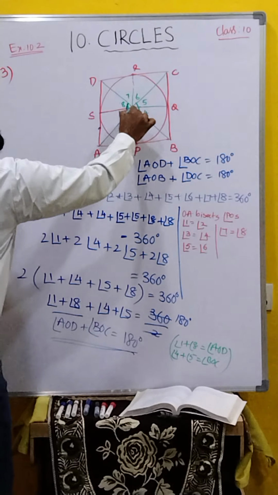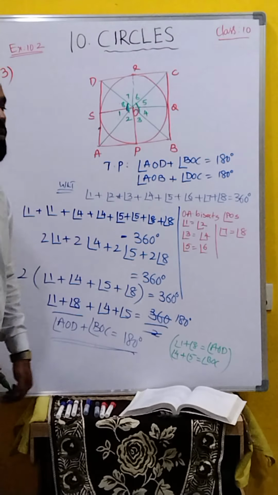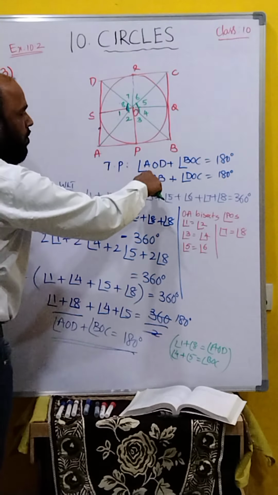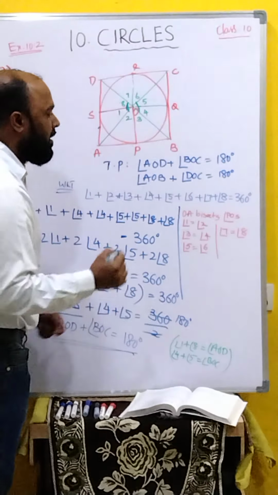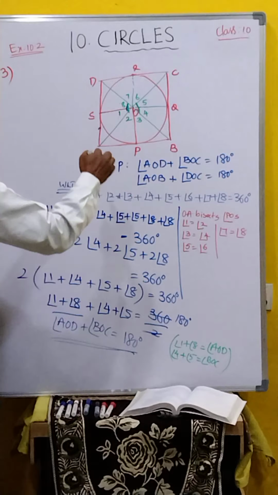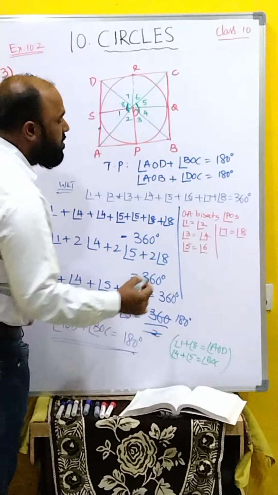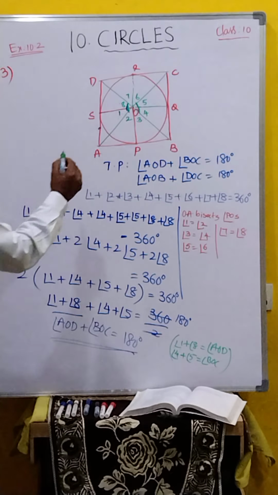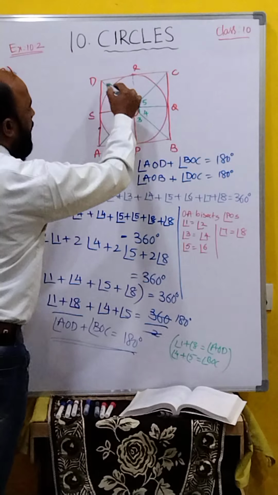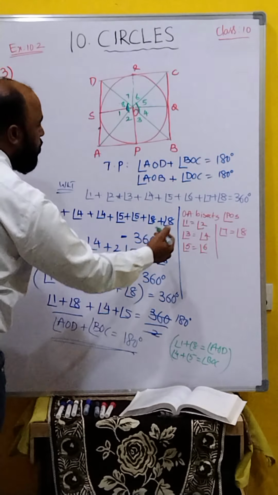AOD this part and BOC this part, these both are opposites. Then sum of these two is what? 180 degrees. Observe here. AOD plus BOC is equal to what is answer? It is 180 degrees. Clear children? That sum of opposite angles is equal to supplementary. Supplementary means 180 degrees. Then finally the other one also, that is AOB plus DOC. We have to prove 180. But no need to, because already you proved.